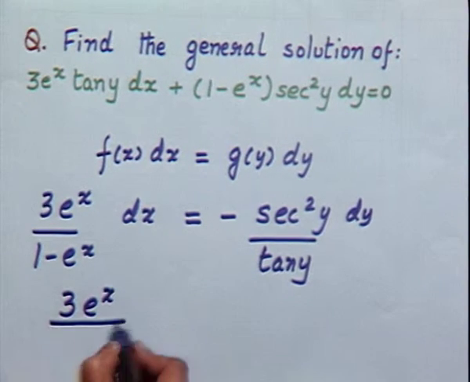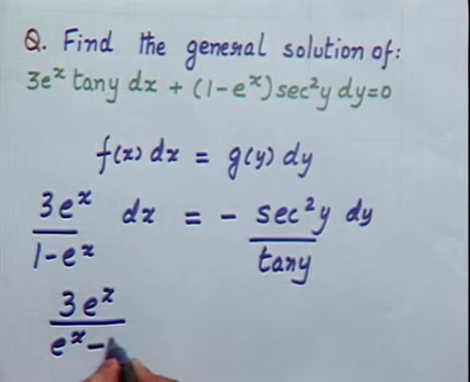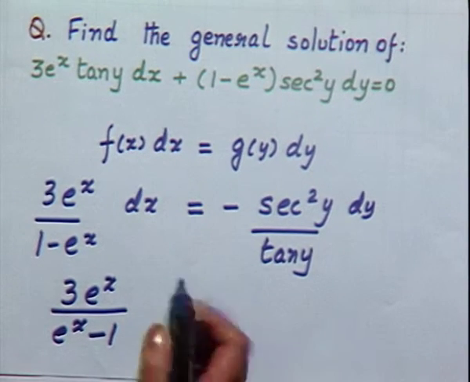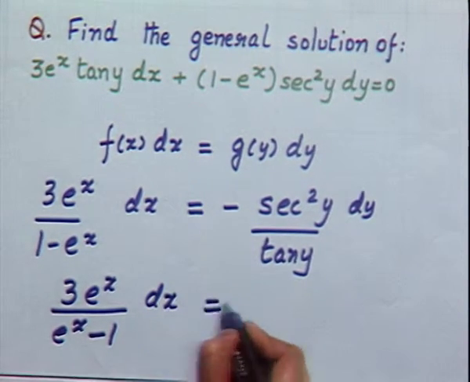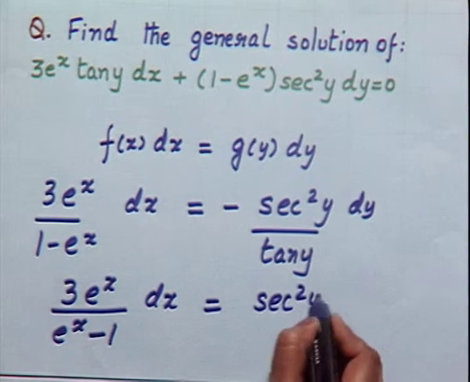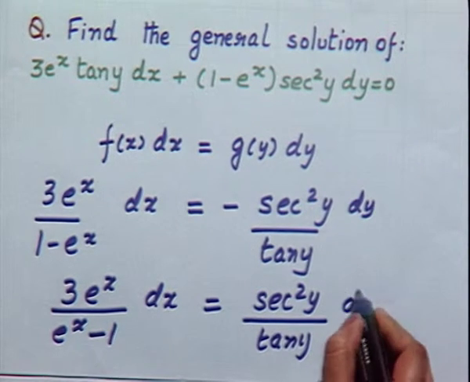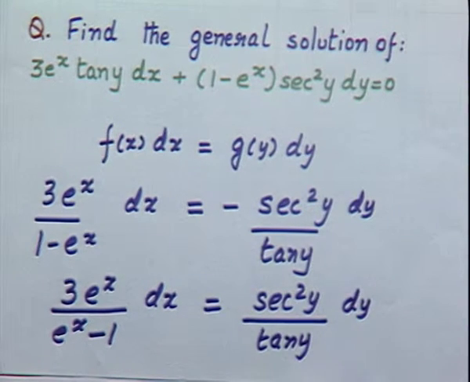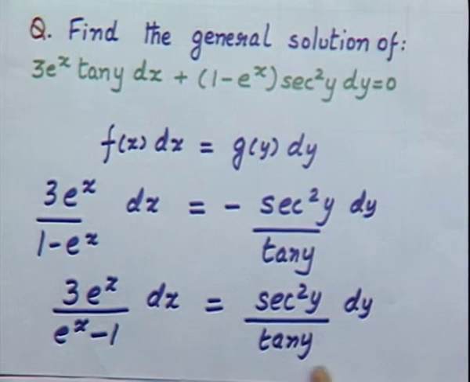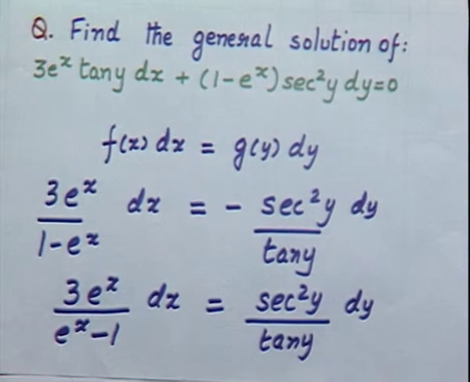So it can be written as e to the power x minus 1 in the denominator dx equal to sec square y by tan y dy. And now we are ready to solve our equation by integrating the left hand side with respect to x, the right hand side with respect to y.